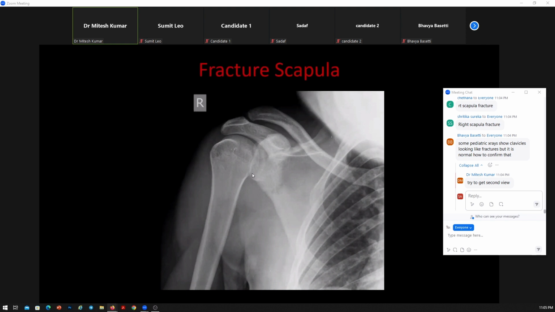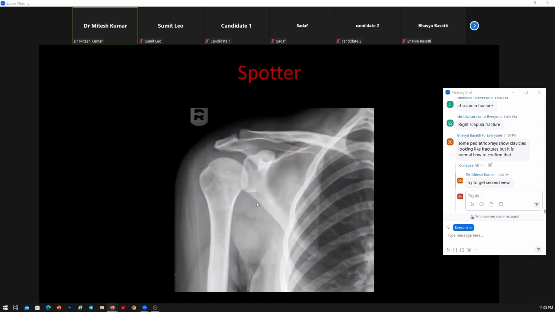Now let's see. Yeah, fracture scapula. We can see a break in the cortex and this head fracture line. Yeah, next X-ray.